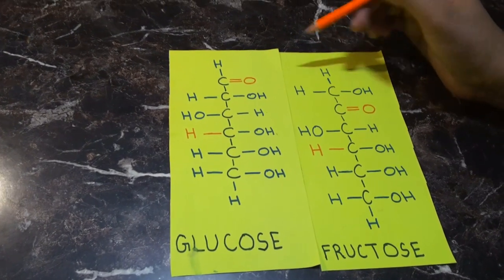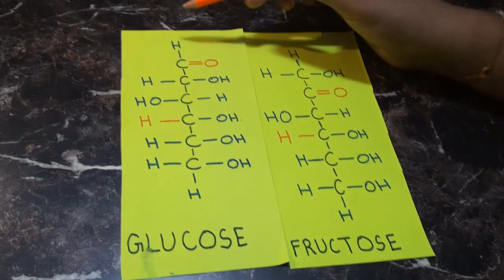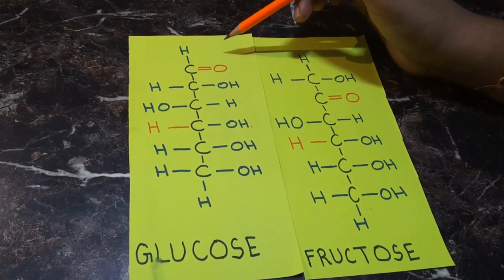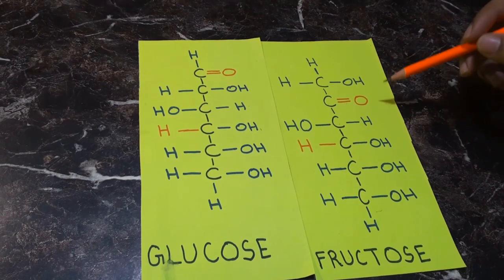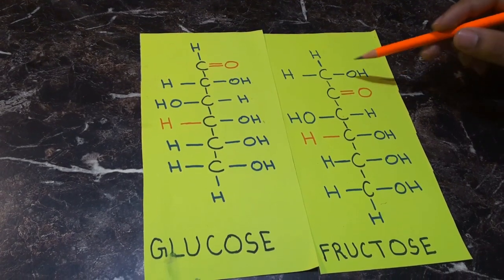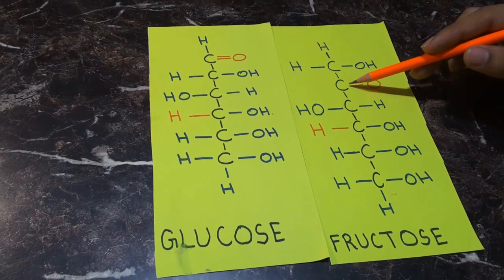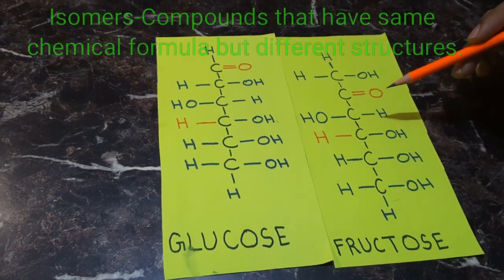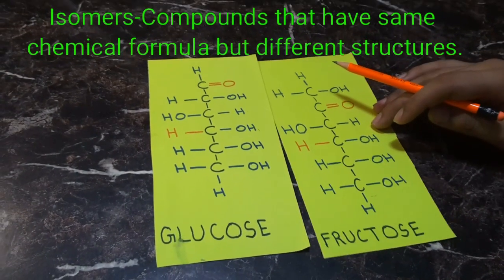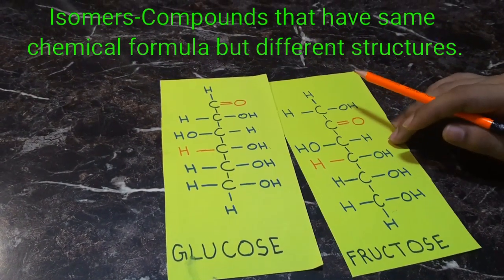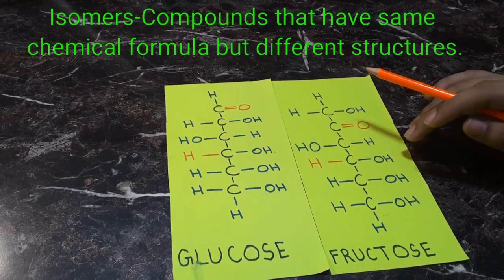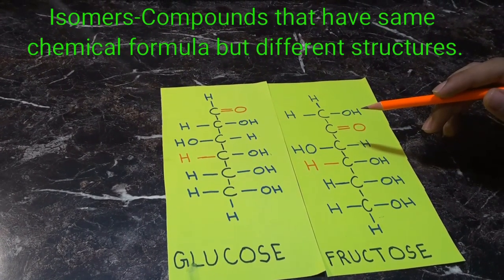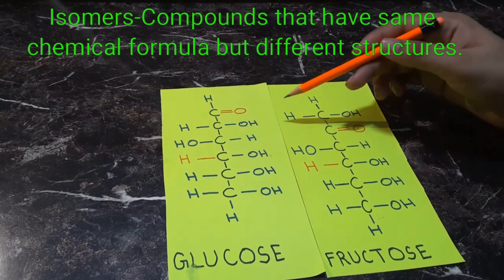As we saw, in glucose there is an aldehyde, and in fructose there is a ketone group at the second carbon. So these both are isomers. Isomers are structures which have the same molecular formula but different structural composition.